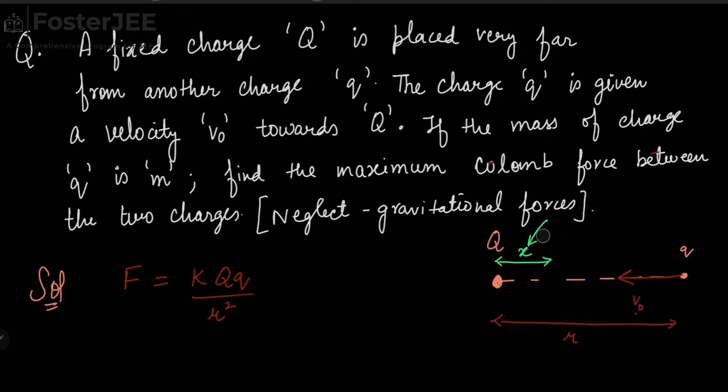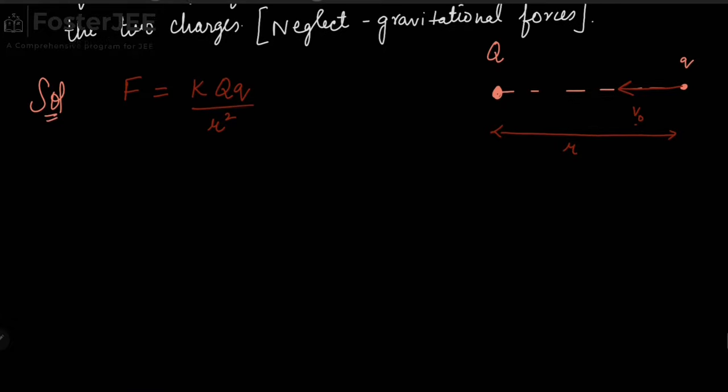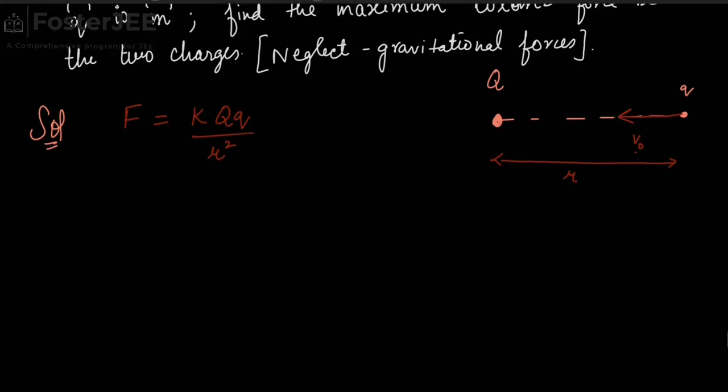Now we will remove some extra items. Suppose at any instant the distance between them is x. The net force between the two charges at that time is given by F equals kqq upon x square.